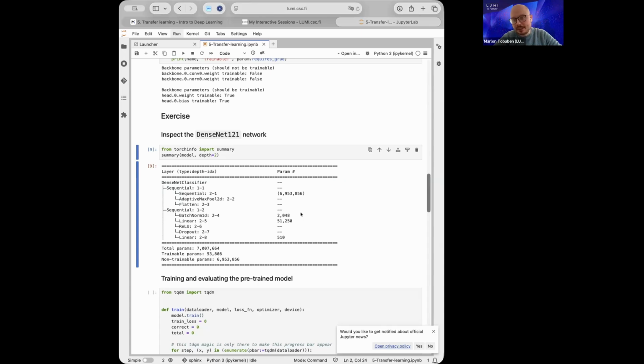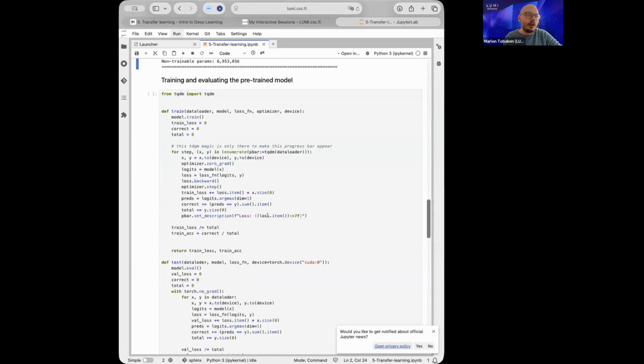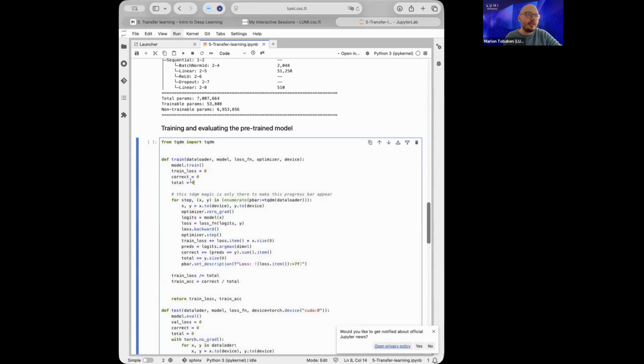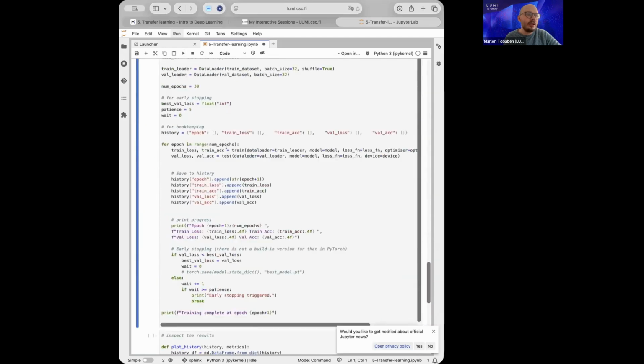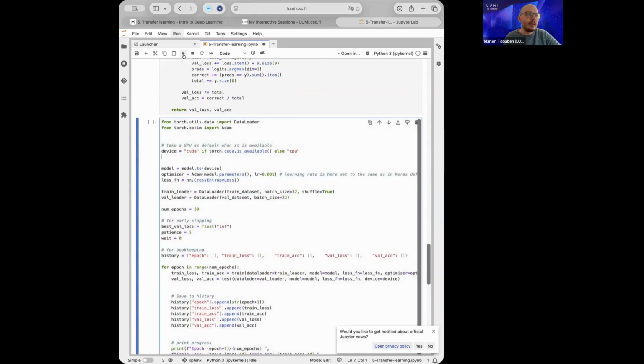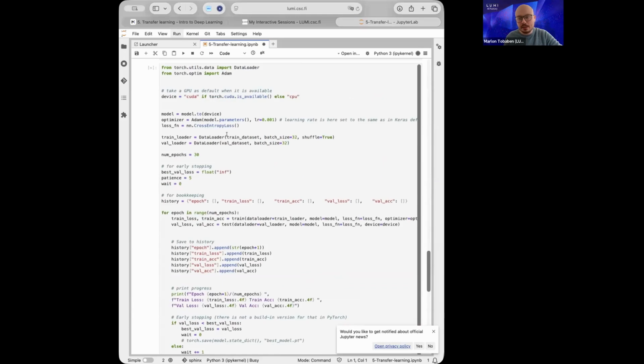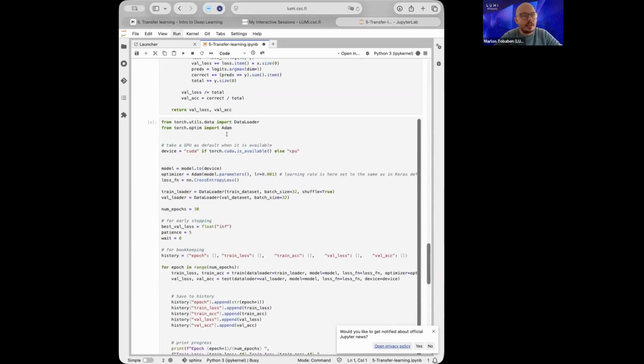Of course, there are way bigger models out there, so this is just one example we took. We are now using basically very similar train and test functions from earlier, and we could just start training this, and it might take a while, but we are doing nothing really different. All the steps are still there, all the building blocks you've learned over the last days are still there. The thing is that we just swapped the model.